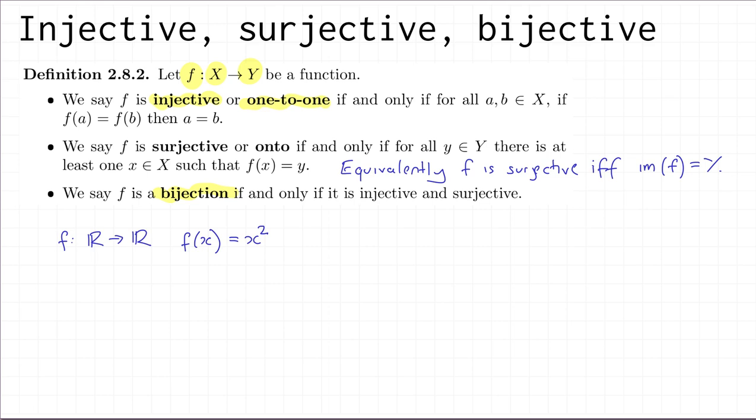The reason is that there are two different elements of the domain which have the same image under f. So f sends two different things to the same place. For example, f of 1 is equal to f of minus 1 because they're both equal to 1. So f is not injective.